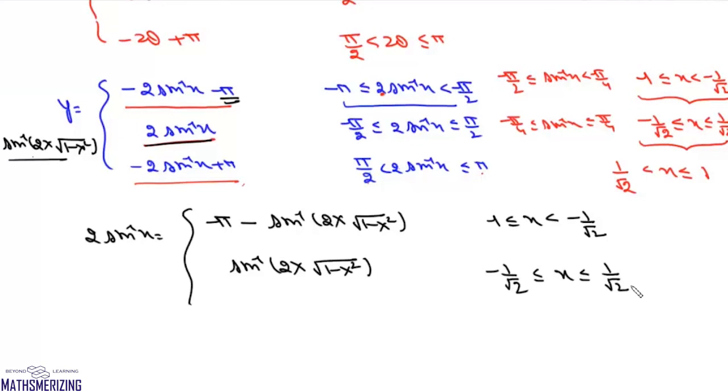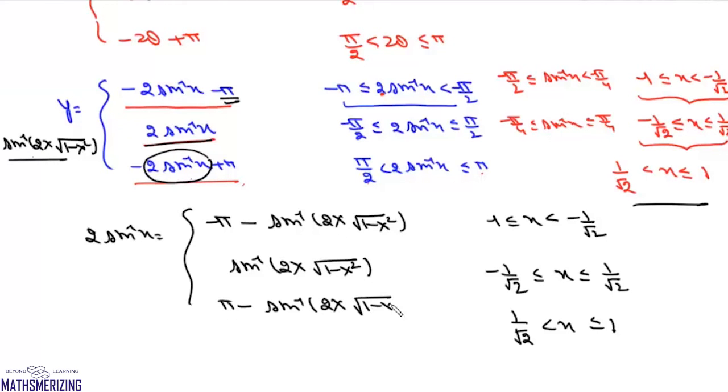And this third one is when x lies between 1 by root 2 and 1. So here, if we take this 2 sine inverse x on the left hand side, then we'll get pi minus sine inverse of 2x into under root of 1 minus x square. So this is the formula for 2 sine inverse of x.